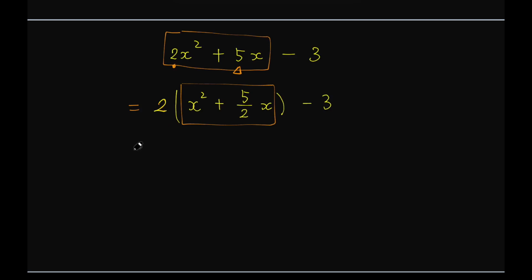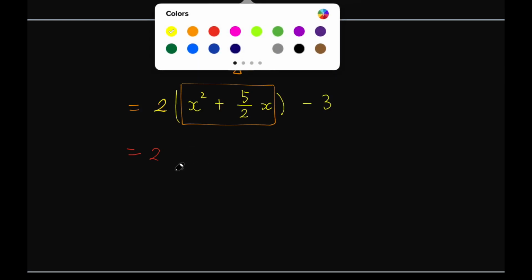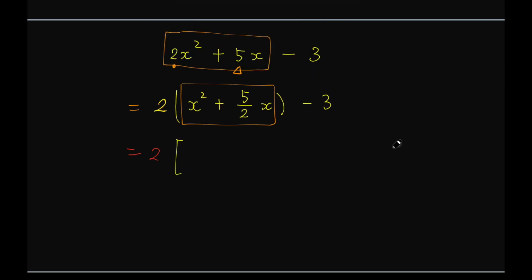And then you use the same tip. So 2 outside, and the things in the brackets we are going to complete the square.